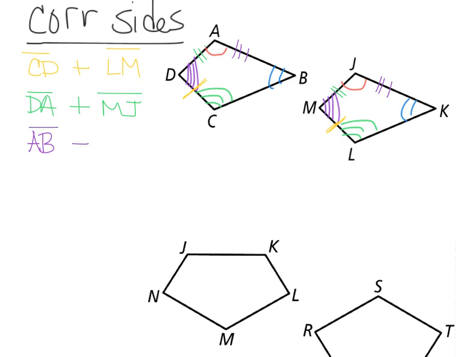AB and JK. And then finally, my last set of corresponding sides will be BC corresponds with KL. BC and KL.